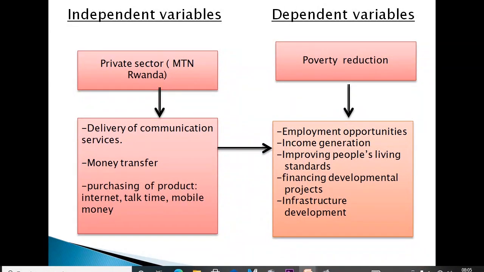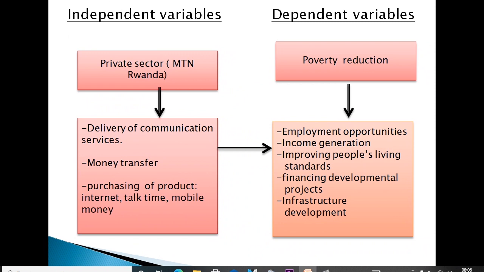Then for the dependent variable, the main dependent variable can be poverty reduction, and poverty reduction can have some sub-variables like employment opportunities, income generation, improving people's living standards, financing developmental projects and infrastructure development.